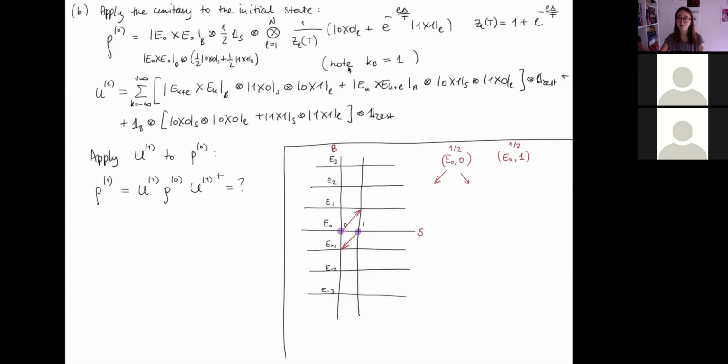If we're looking at the state E00, then this state can either go to E11, or it can stay in E00 with some probability, which we can derive directly when we start doing this analytically. Or if the system is in state E01, then it can go to E-1, 0, or it can stay in E01.